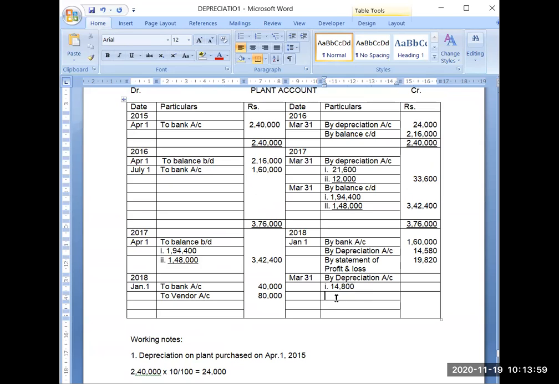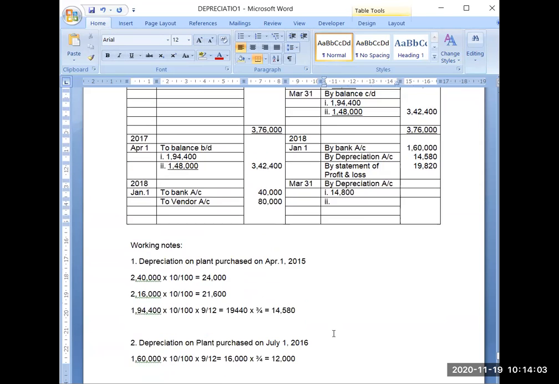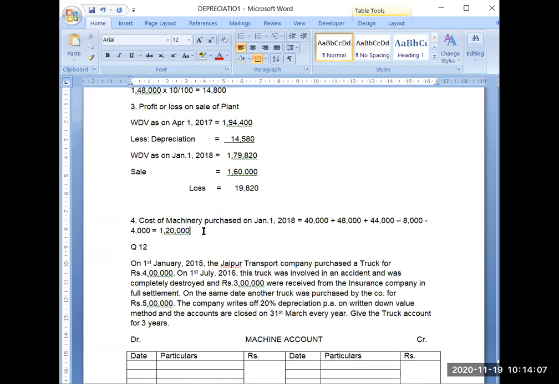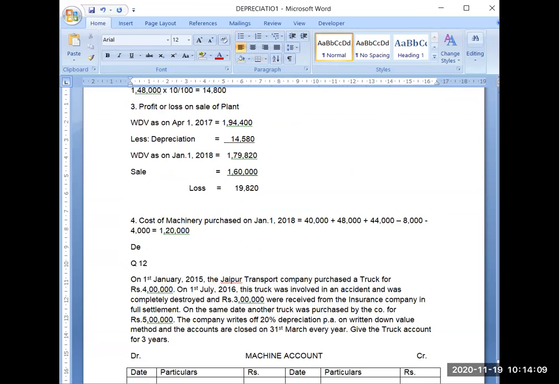Then second, cost is 1,20,000. Depreciation is equal to 1,20,000 multiplied by 10 upon 100 multiplied by 3 upon 12. January, February, and March.